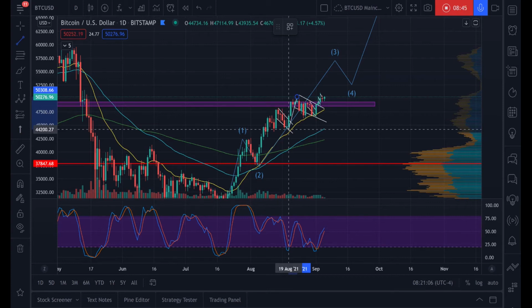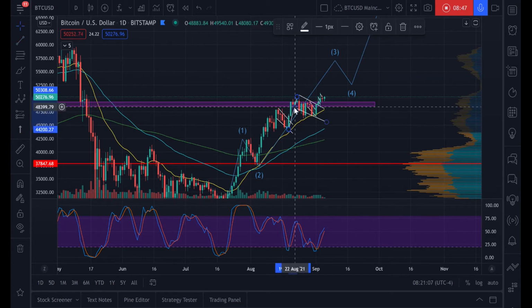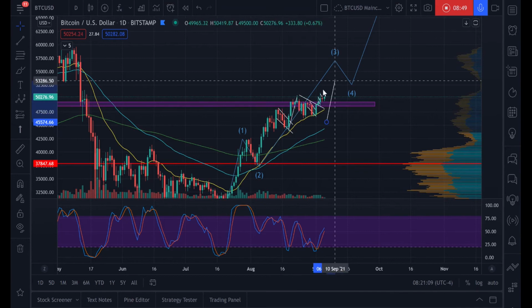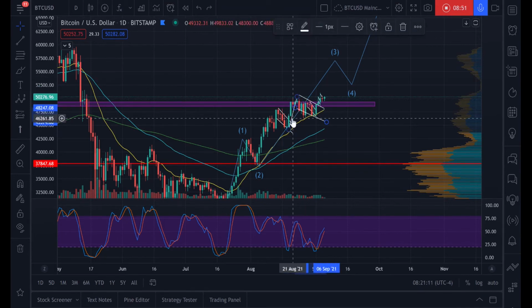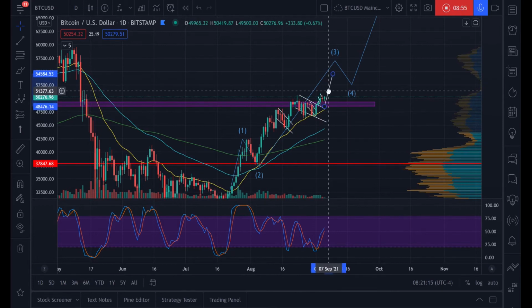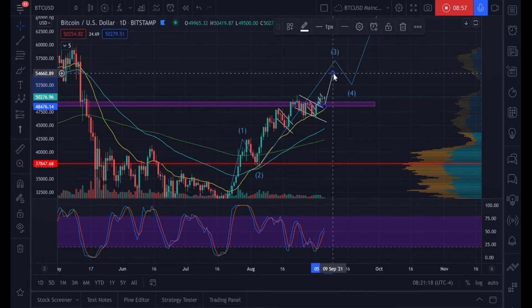Just learn little by little. It's very, very useful. Helps you chart. Charting is important, I believe. All right, so let's take that from this bull flag. Again, that would give us a target of 54.5, 54.6, right?